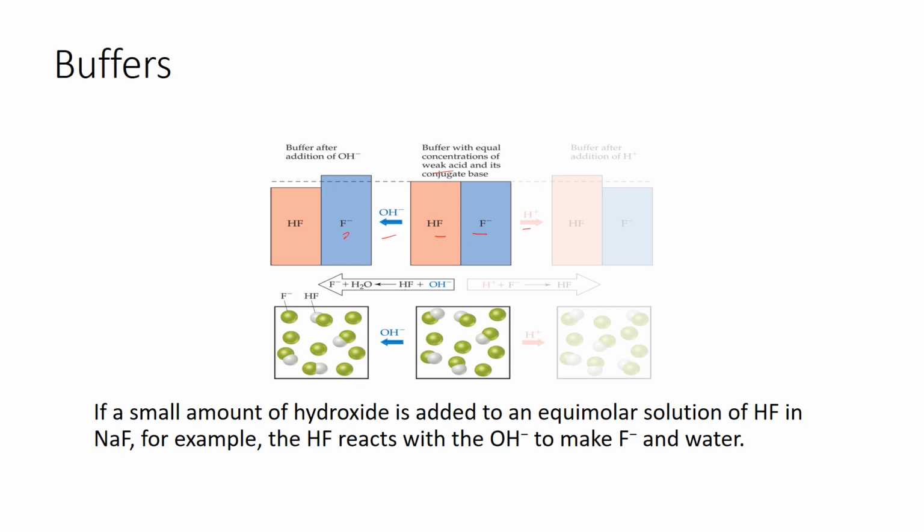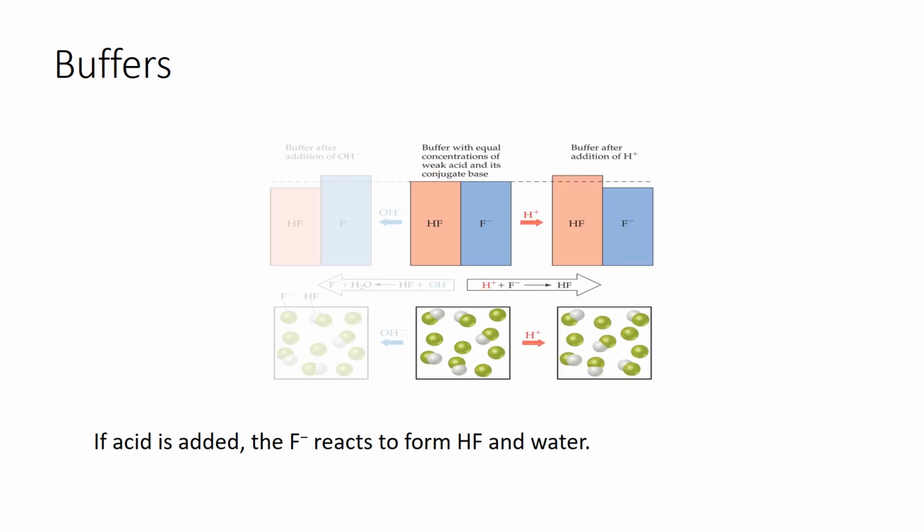So OH plus HF gives us F plus water, and there is no pH change. If acid is added, the fluoride ion reacts to form hydrogen fluoride and water. So that is how they are able to maintain and ensure there's no pH change. Buffers are very important in a number of reactions.